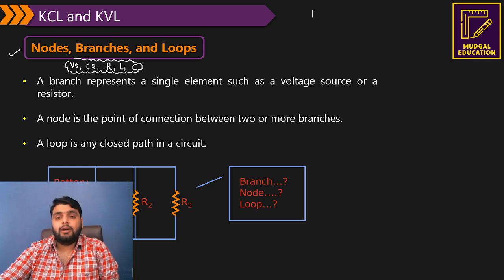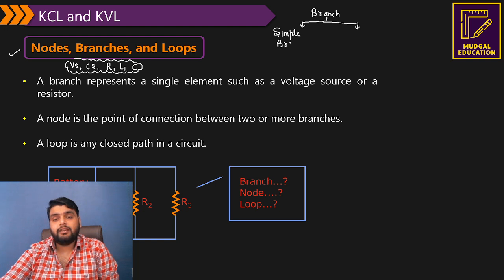Now, if you go further, a branch again can be divided into two parts. One is a simple branch, and another one is a principal branch. Now, what is the meaning of a simple branch?